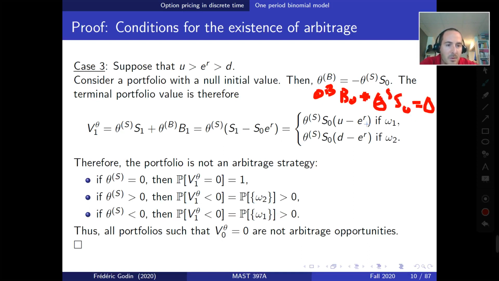So the initial portfolio value is equal to 0. And this B0 is equal to 1. So if you isolate theta B here, this entails that theta B is equal to minus theta S S0, which is the equation above.